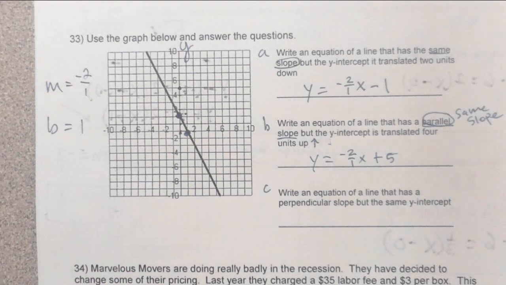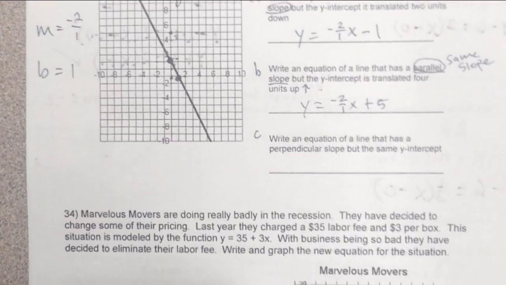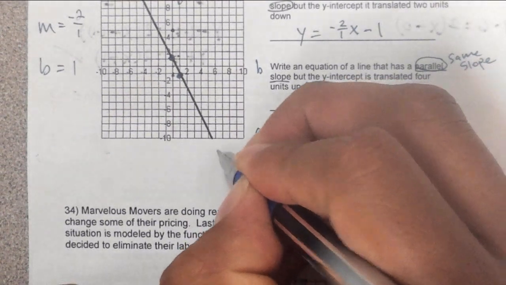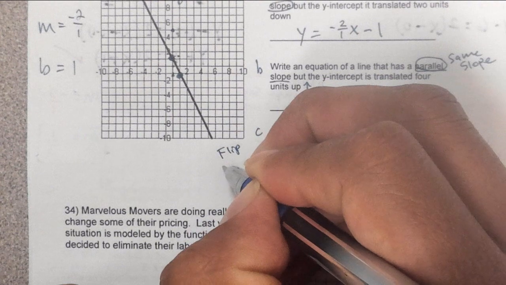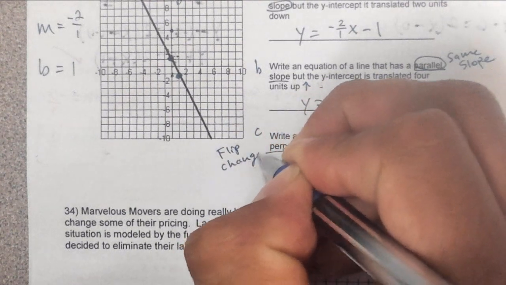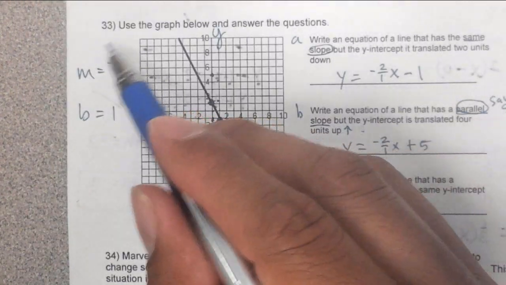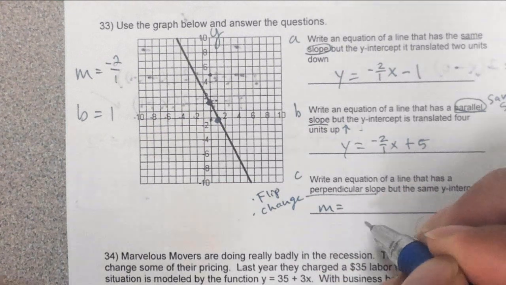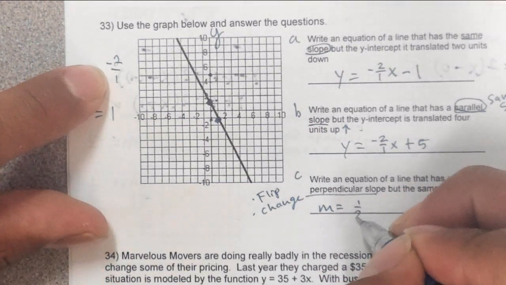Finally, perpendicular. Letter C is telling me to write a line that has perpendicular slope. Remember, perpendicular means flip and change sign. So if this is the original slope, the perpendicular one has to be, we flip this, it's 1 over 2.